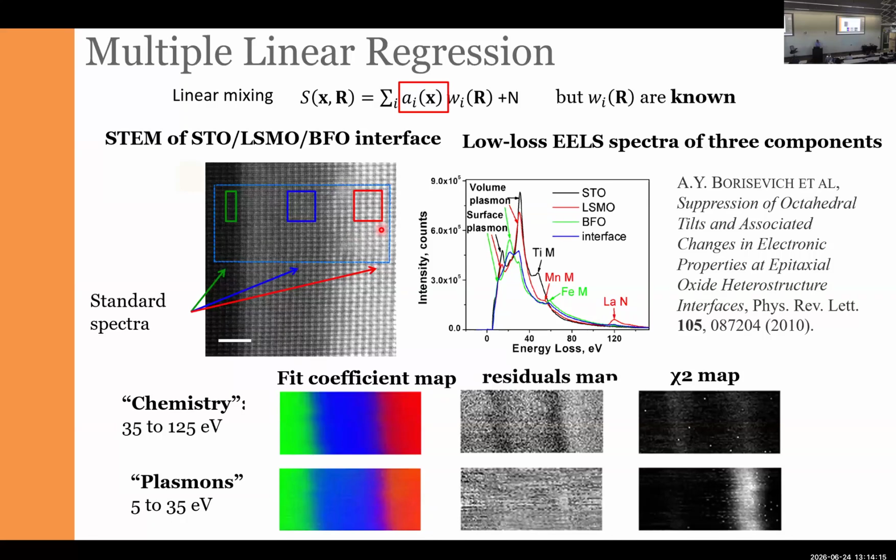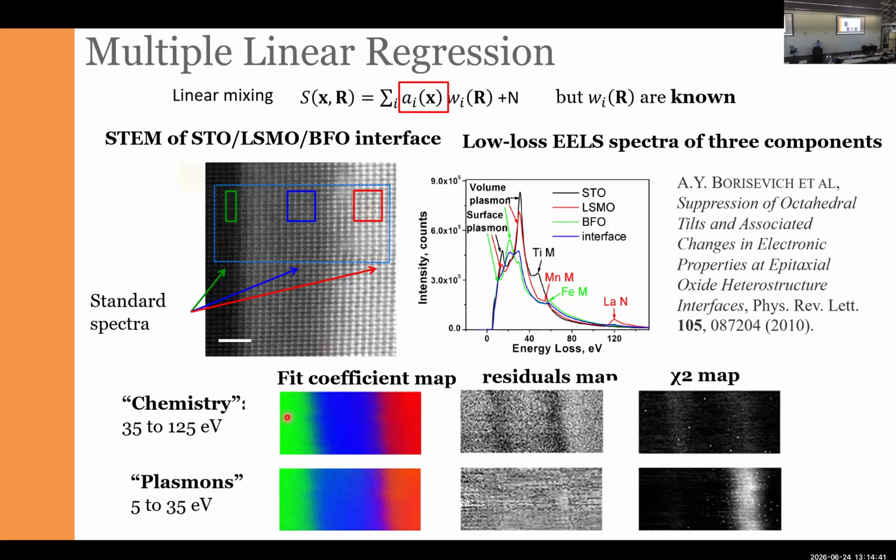We make a hypothesis that the properties are uniform within the material, but may change at the interfaces. Then we take the spectra away from the interfaces as the known end members. And then we try to represent all other spectra as the linear combination of those in the bulk phases plus some error.